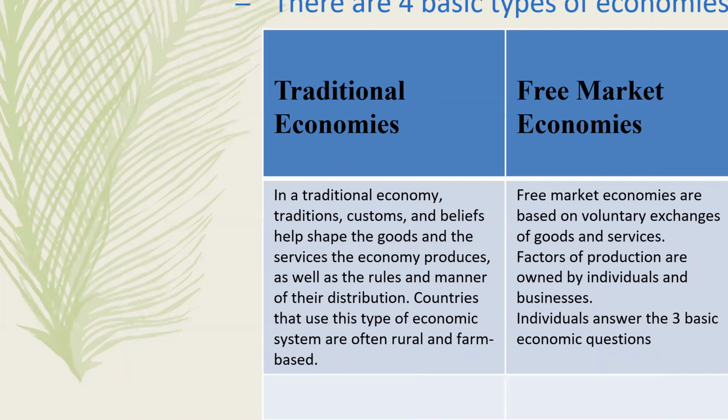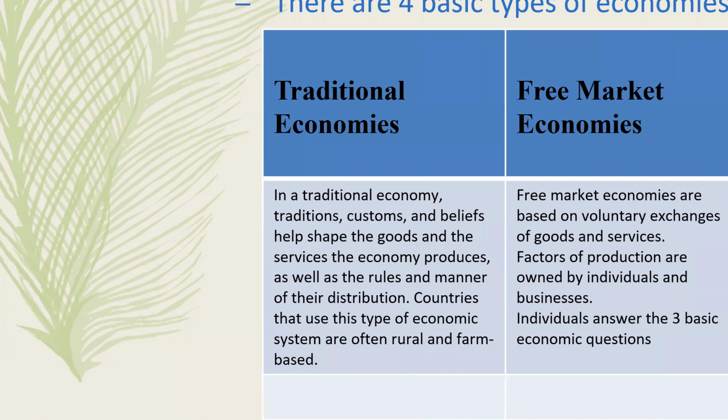They want to shape the economy. They have no strict rules and regulations. They are rural based and farm based. So they plant their crops, they reap them, and they use that to just survive. Hence the term traditional economies.